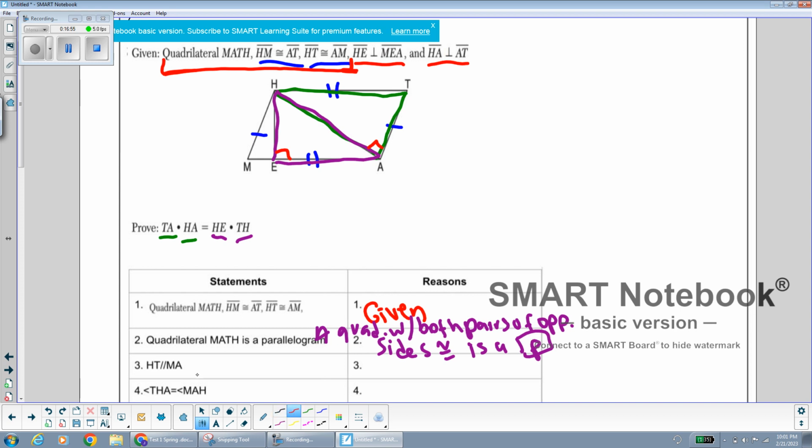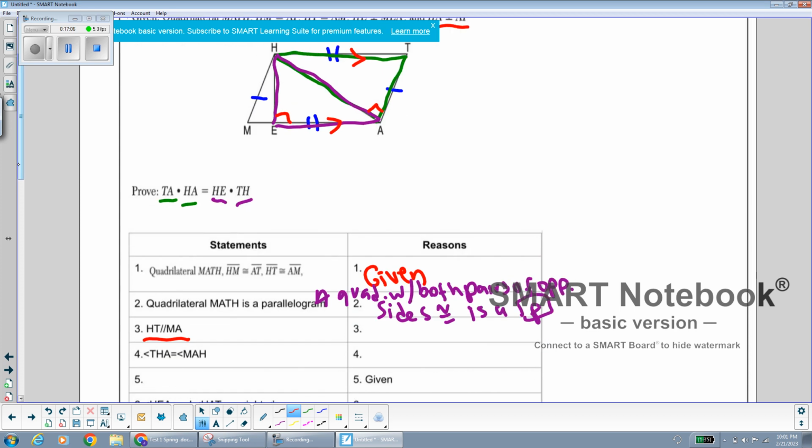And now in step 3, after we know it's a parallelogram, we're supposed to conclude that HT is parallel to MA. Well, if it's a parallelogram, I know that's true because opposite sides of a parallelogram are parallel.